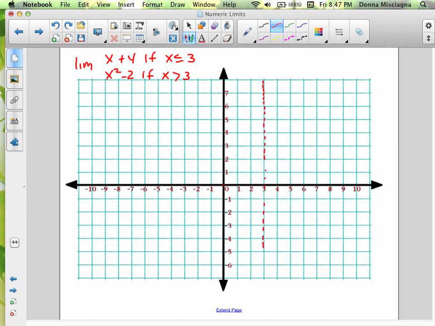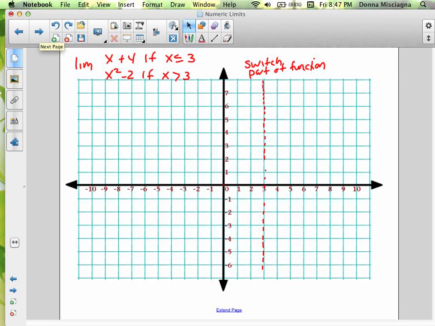This is just sort of like an imaginary wall, and we switch parts of our function. It's the breaking point, where we go from one part of the function to the other. At 3, if I plugged in 3, we'd have 7. We saw that. So we have that point there.